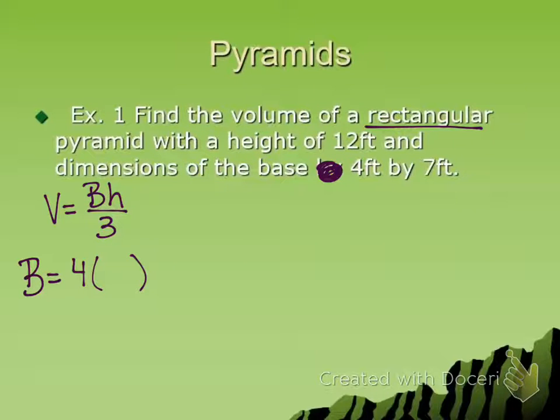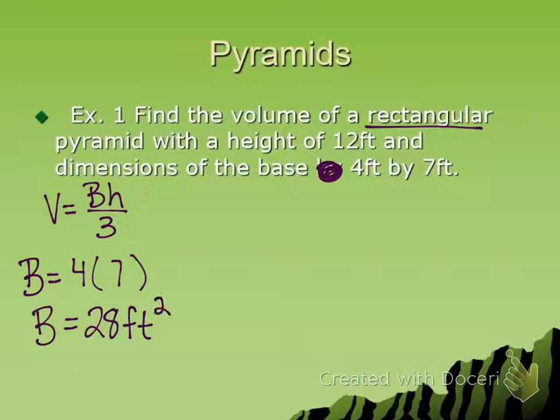Careful. 7. So they said the height of the pyramid was 12, which means I need to use these dimensions, the 4 and the 7, as the dimensions of my base. So capital B equals what? 28. If I wanted units on that, they would be feet squared.